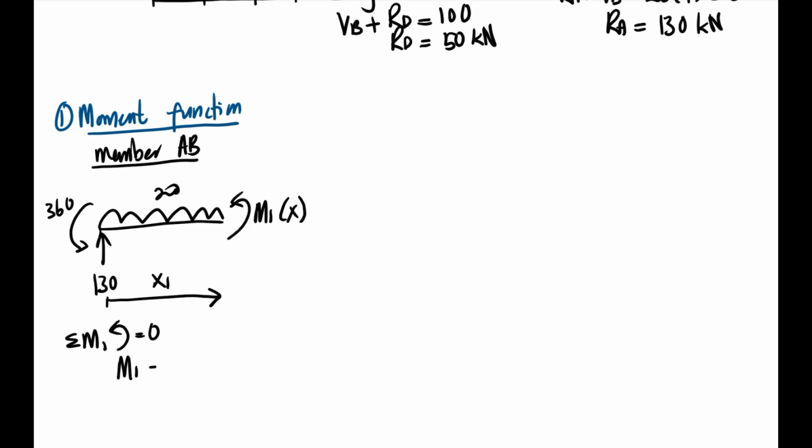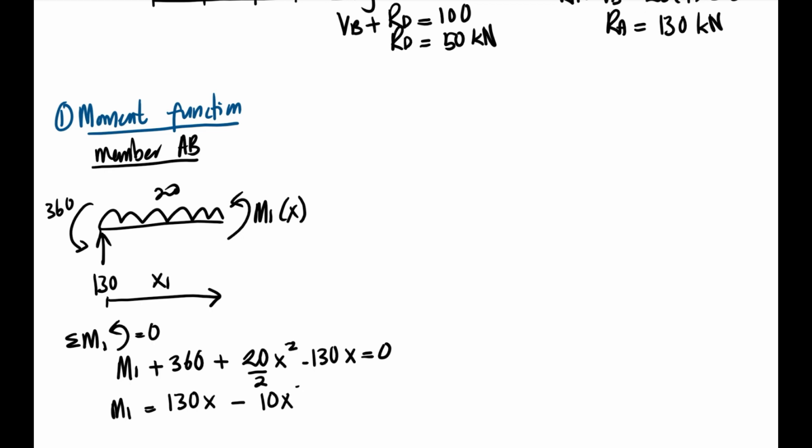M1 plus 360 plus 20x to the power of 2 divided by 2 minus 130x equal to 0. So M1 is equal to 130x minus 10x to the power of 2 minus 360.